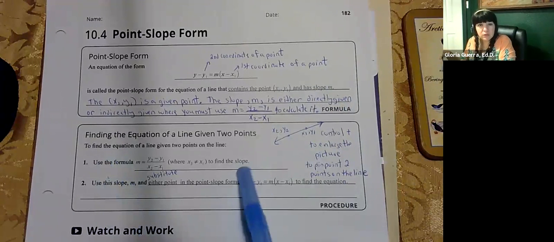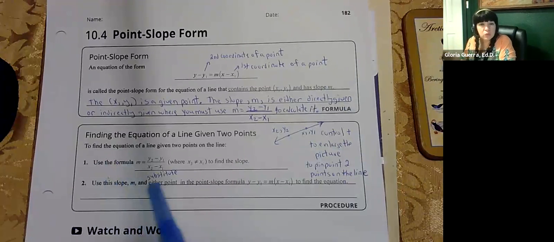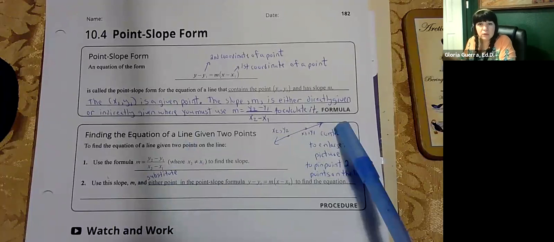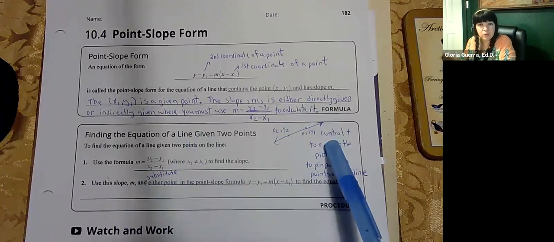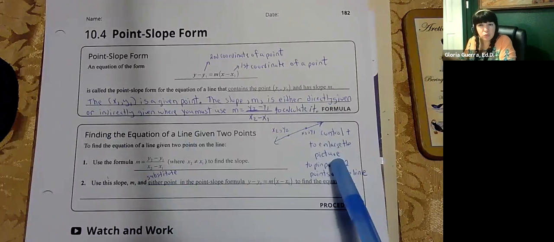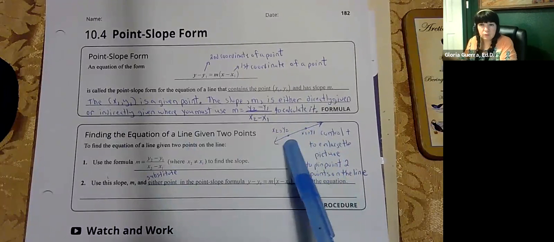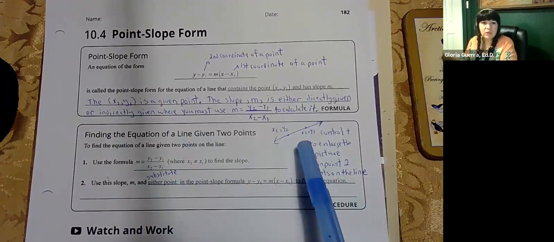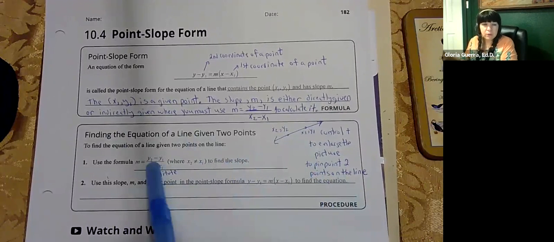So they're going to give you a line and you want to use Control plus to enlarge the picture, and you want to find 2 good points without fractions, without decimals, 2 good integer coordinate points, so that way you can find m using this formula.